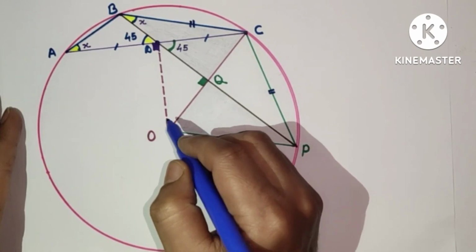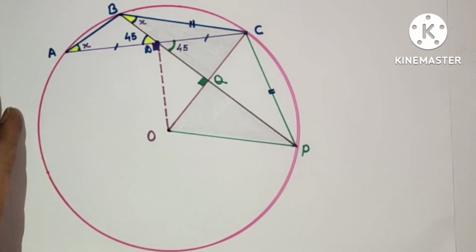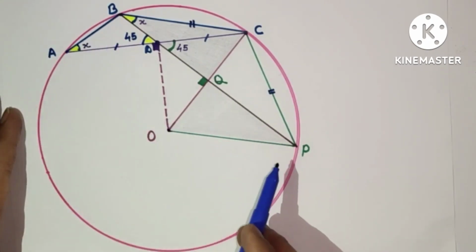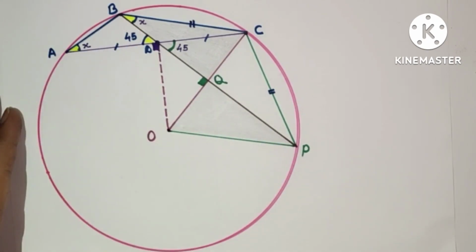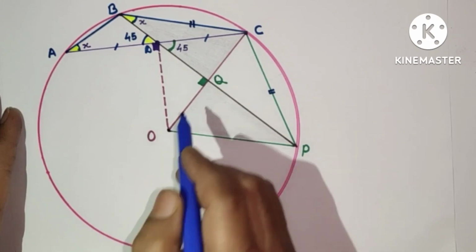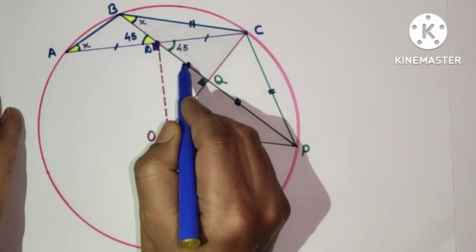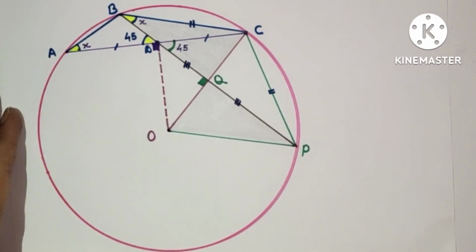Now draw OQ perpendicular to BP. If we draw OQ perpendicular to BP, it will bisect the chord BP. A perpendicular drawn from the center to a chord bisects it. It means this is equal to this. Q is the midpoint of BP.